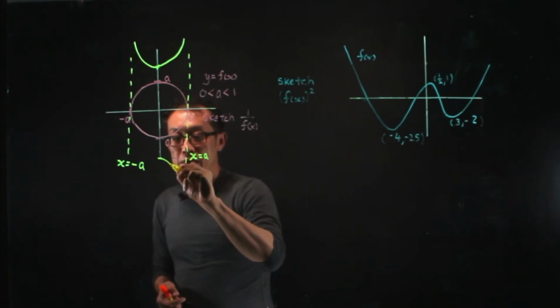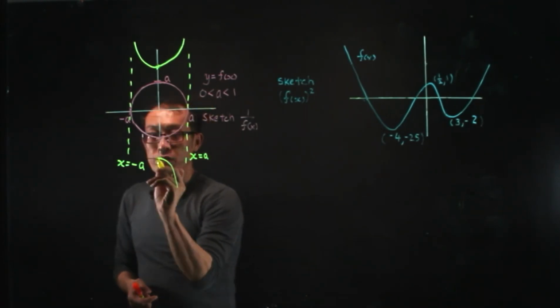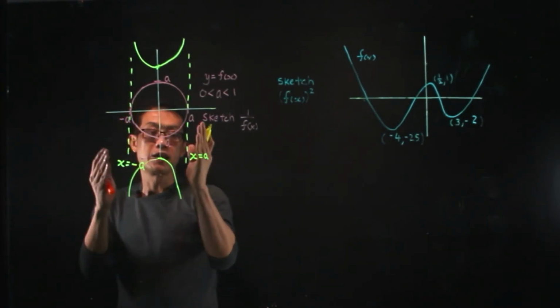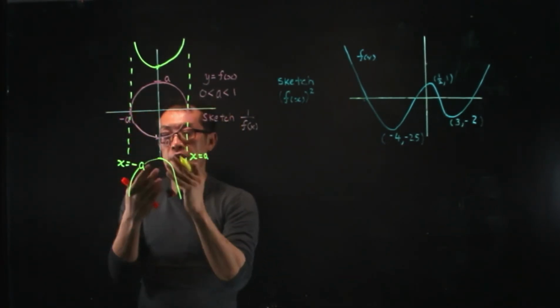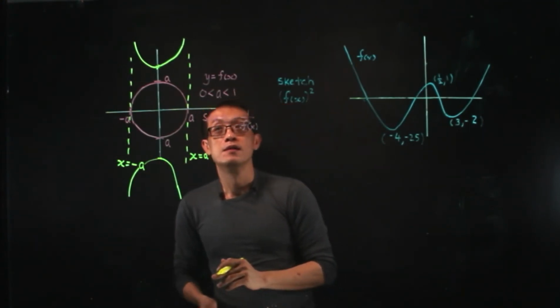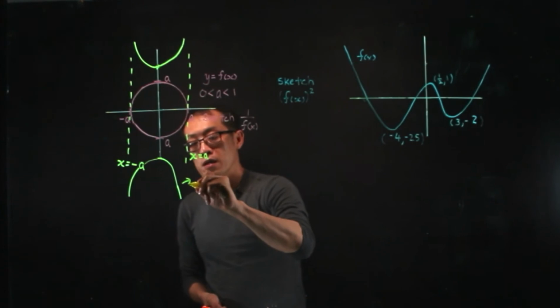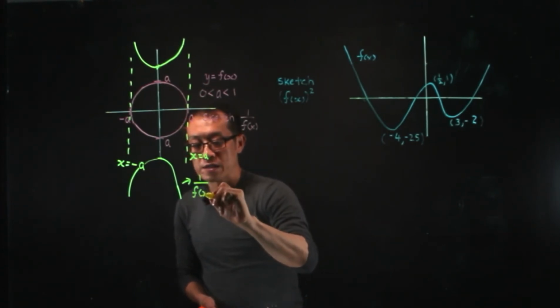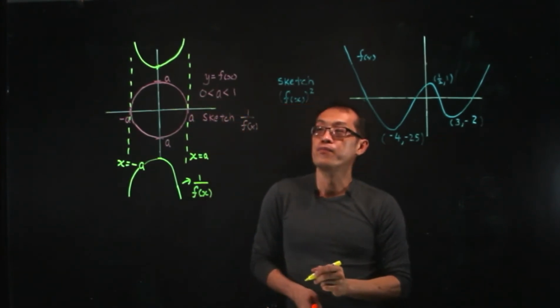Then the graph will look something like that. You can do the same thing on the right and on the left of the asymptote. I leave that to you. So this graph is 1 over f of x.